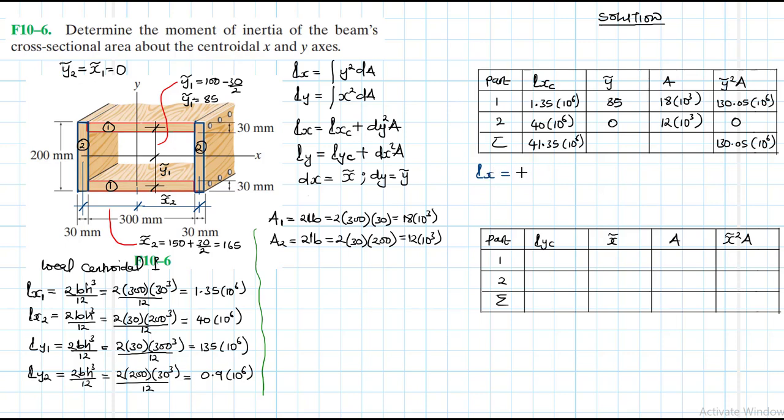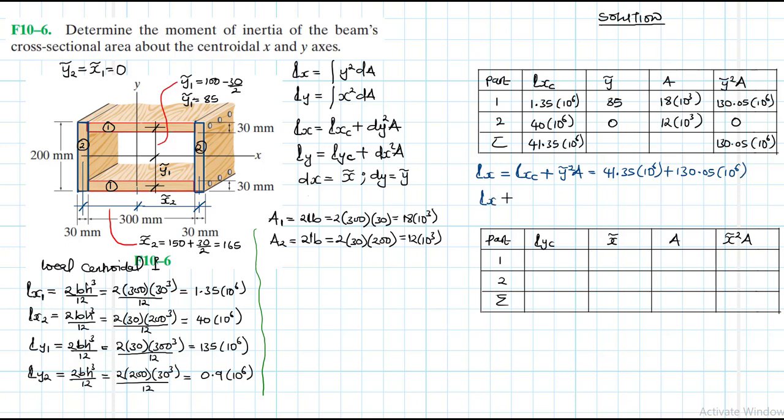Okay, so let's find the total there. Moment of inertia is going to be equal to the local centroidal plus y curled squared times area, which is equal to 41.35 times 10 to the power 6 plus 130.05 times 10 to the power 6.